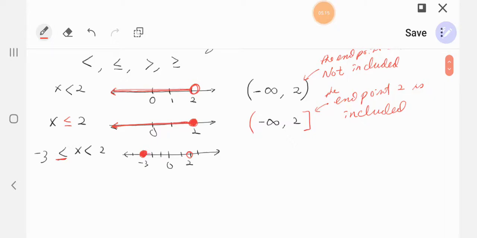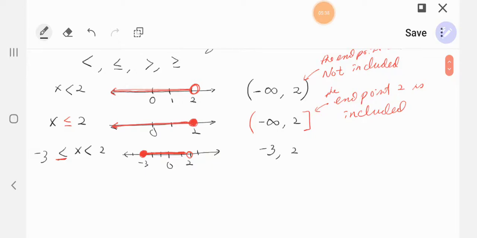So x is between these two numbers. Let's highlight this segment. This means x are the values starting from negative 3 all the way to 2, but 2 is not included.